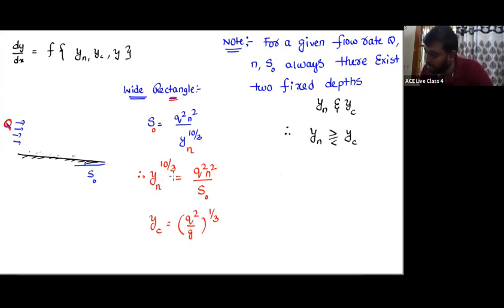You see yn depends upon Q, and yc also depends upon Q. So for various values of Q, yn may be greater than yc, yn may be less than yc, and yn may be equal to yc.